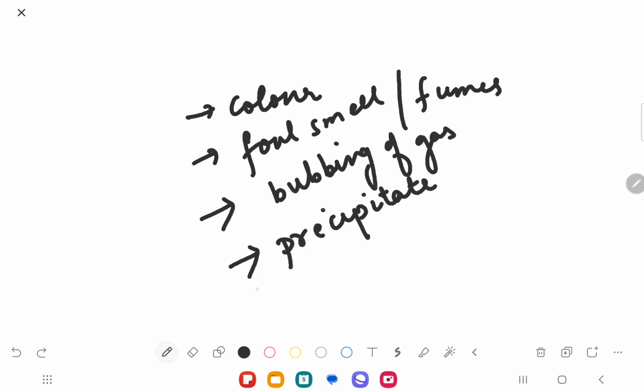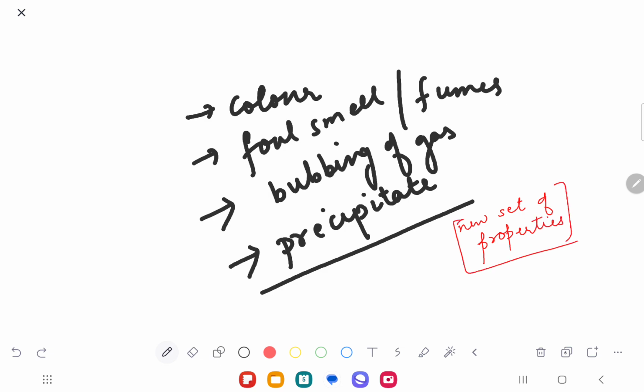All of these changes, if I see them in the laboratory, I am confirmed that a reaction has actually taken place, in which old substances, when they combine, form a new product. And that new product shall have a completely new set of properties. Understood or not? So products have completely new set of properties.